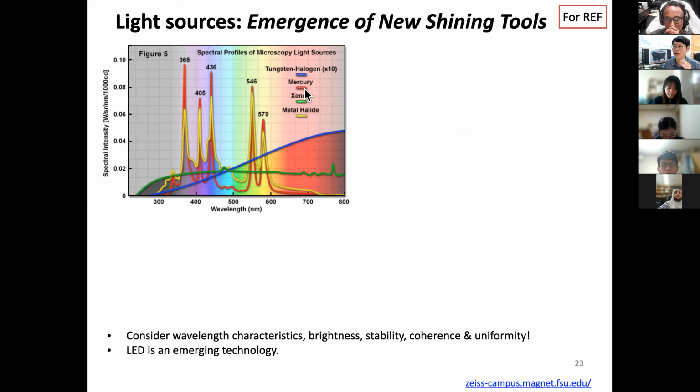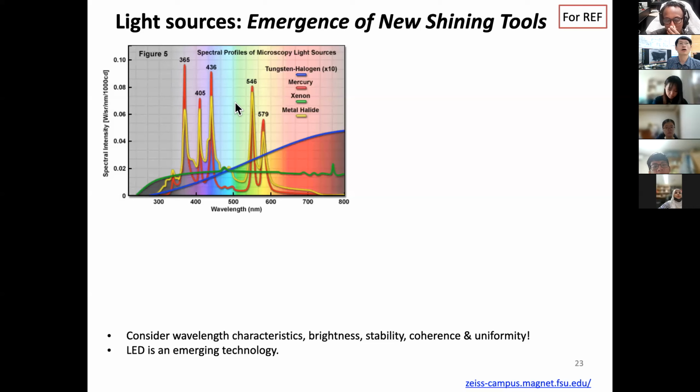So mercury has nice peaks, which you can choose for your typical fluorescence samples. And sometimes you will realize, for example in neuroscience, people are trying to do some fluorescence lifetime.